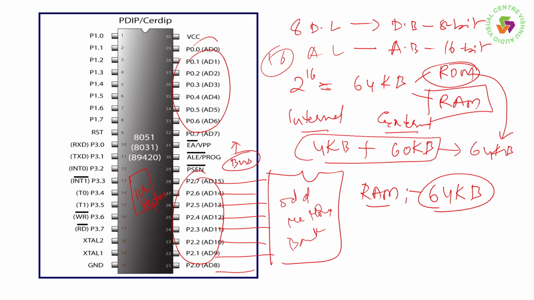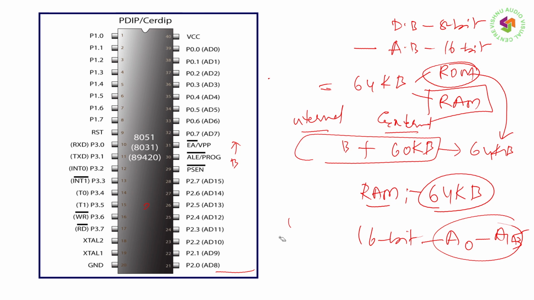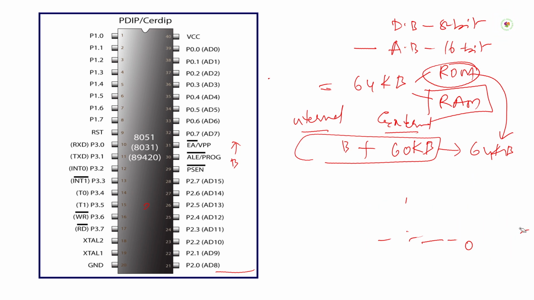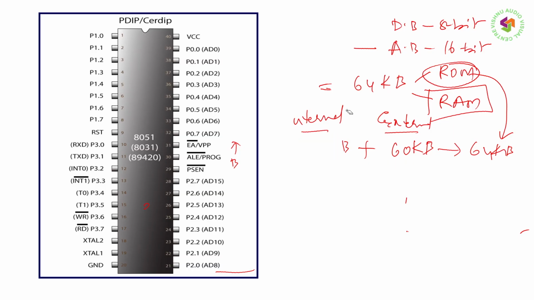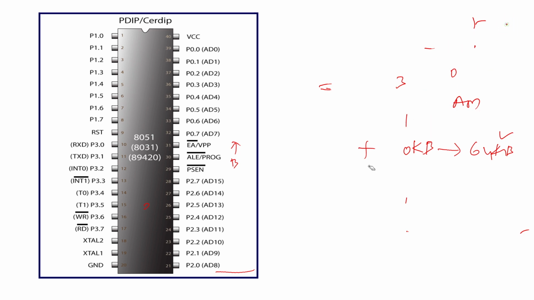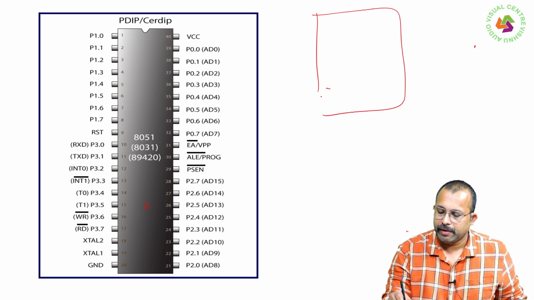In order to address each and every memory location, we need a 16-bit address, like A0 to A15. When memory is accessed by the 8051 processor, let me explain clearly.